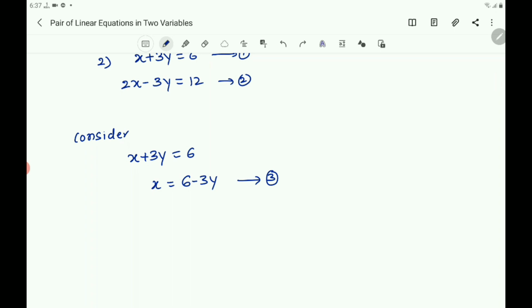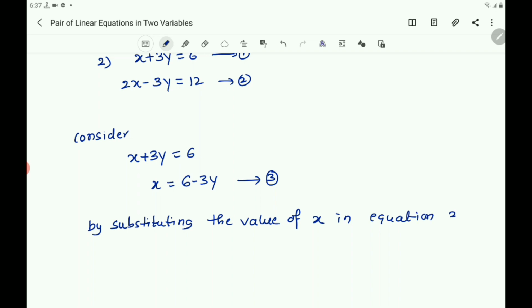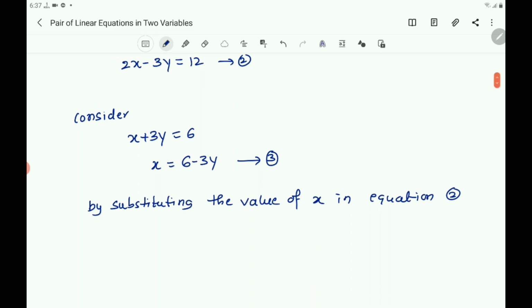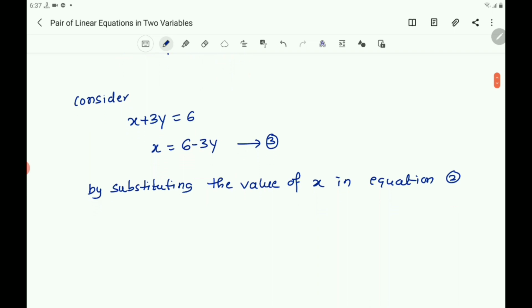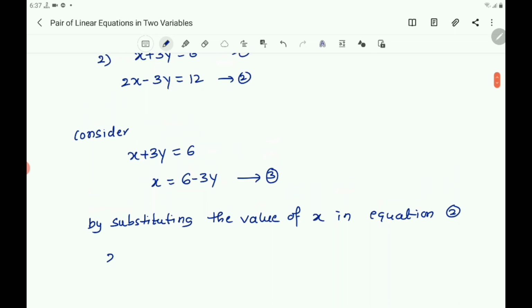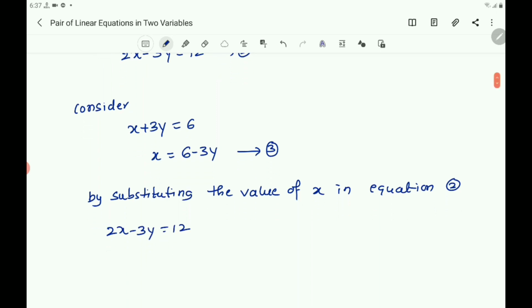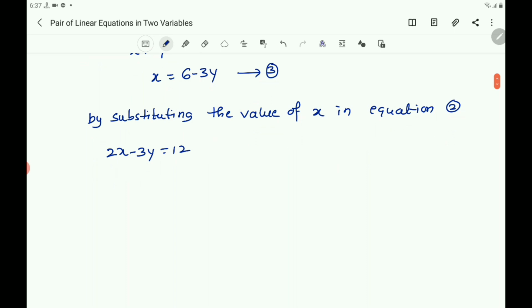Then you write here, by substituting the value of x in equation 2, which is not taken for the first step. You write that equation, 2x minus 3y equals 12.